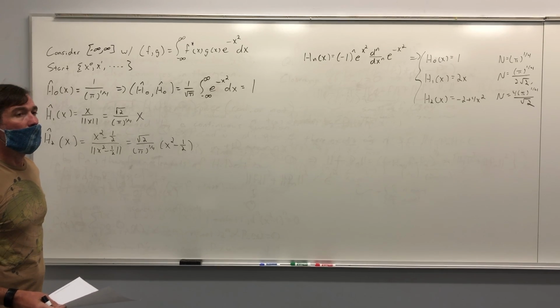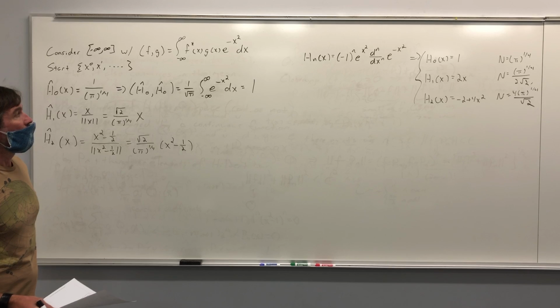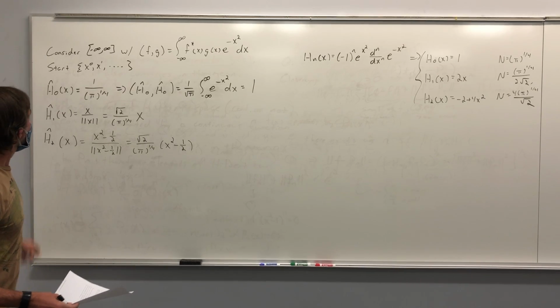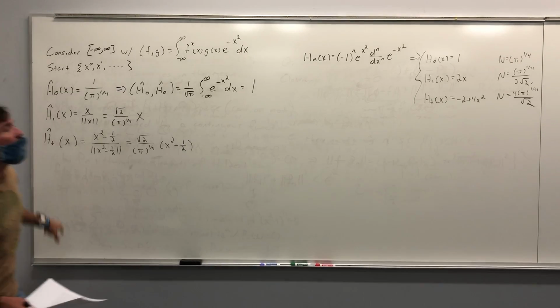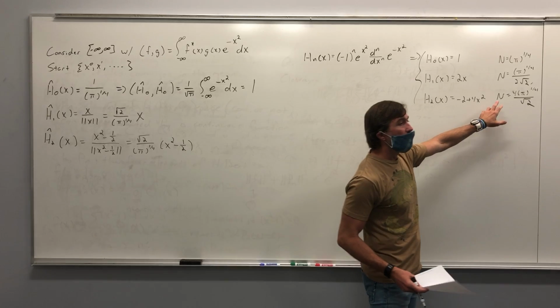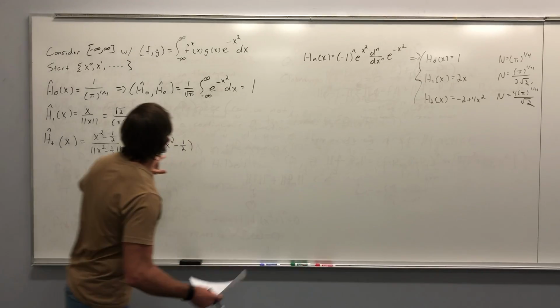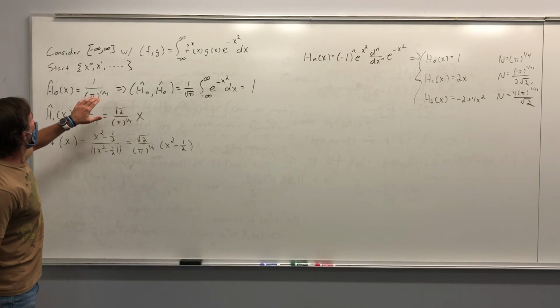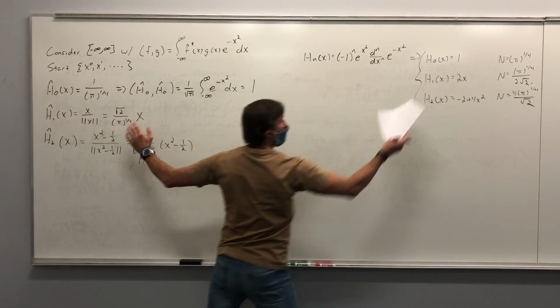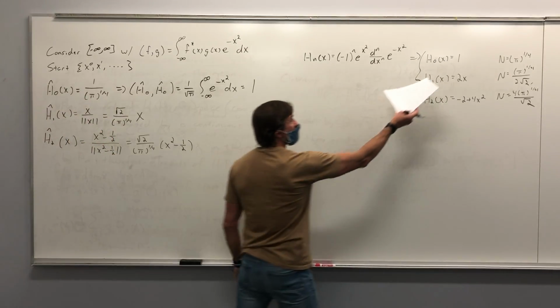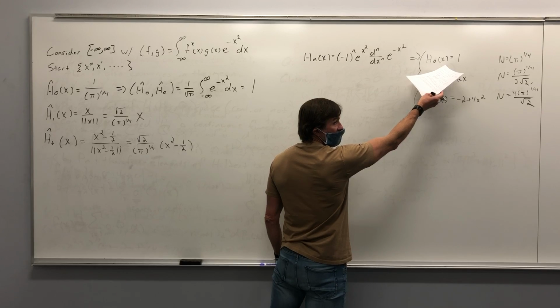Where did the Ns come from? Just from the Gram-Schmidt process? The big Ns. Notice the difference between this form and this form. This one is not normalized.